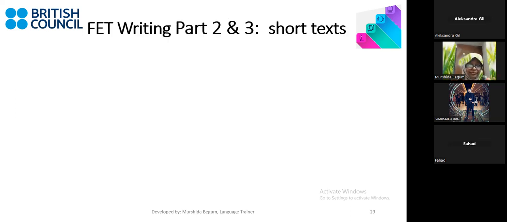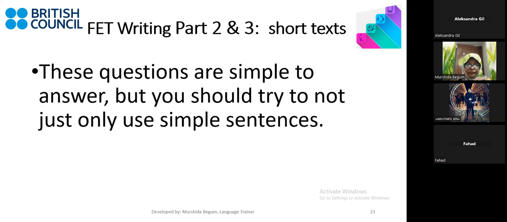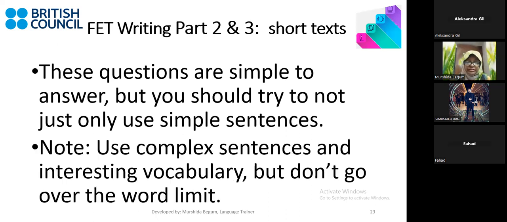It's not simple sentences. Now, for tasks 2 and 3, questions are simple to answer, but you should not just use simple sentences. You can use complex sentences and interesting vocabulary, but again, think about the word limit.